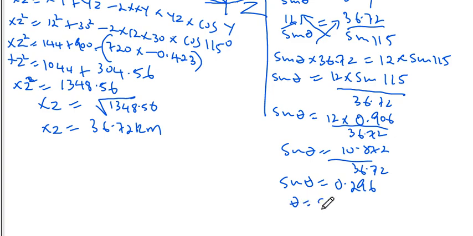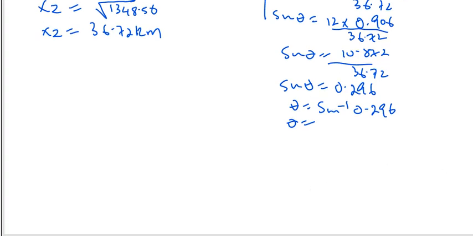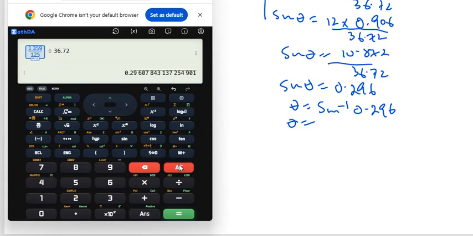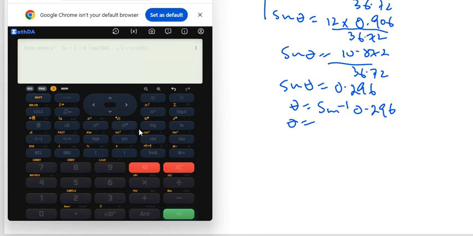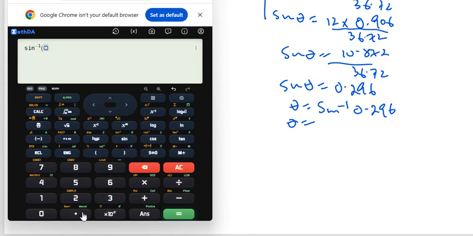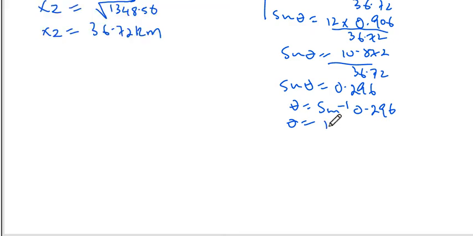So theta is arc sine or shift sine 0.296. That gives us 17.22 degrees.